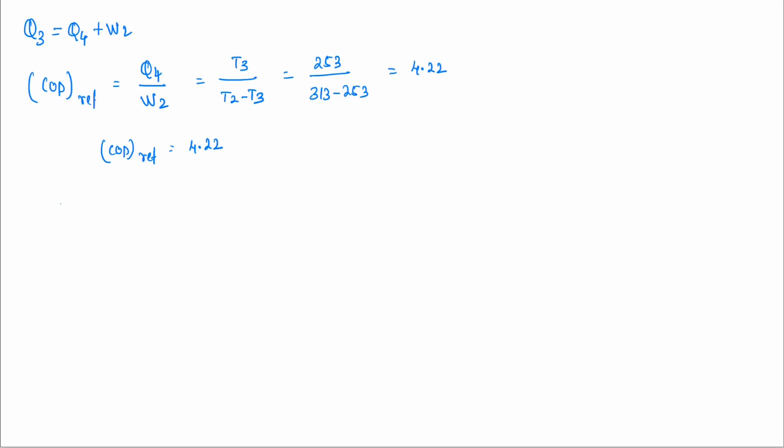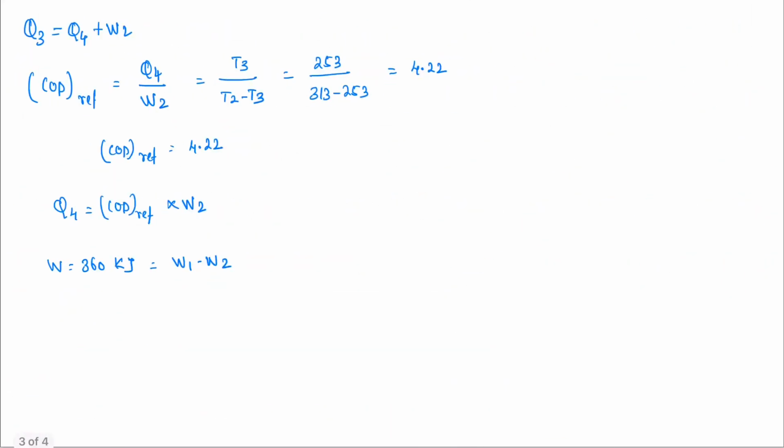In order to find the value of Q4, Q4 is equal to COP of the refrigerator into W2, so we have to find the value of W2. That is, the value of W2 is also unknown. But we have the combined work output W equal to 360 kilojoule, which is W1 minus W2.